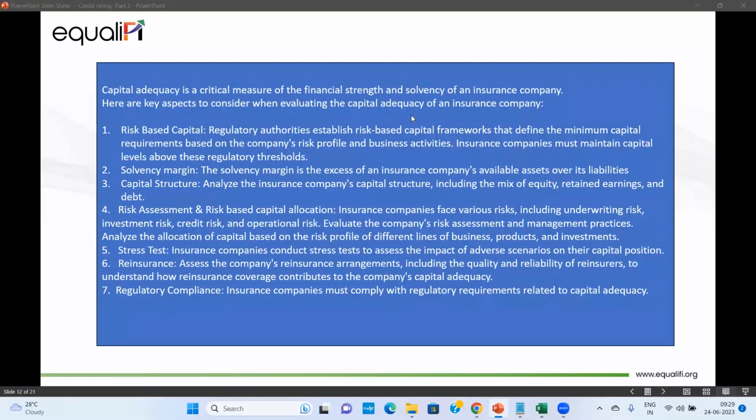And how much credible that company is. So in case of emergency, in case of exigency, I have 1,000 crores of rupees to pay.